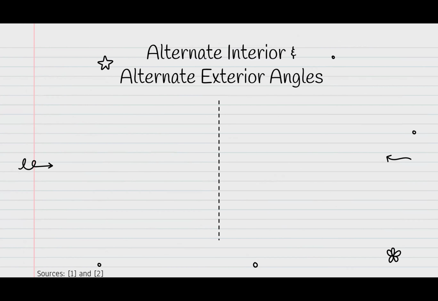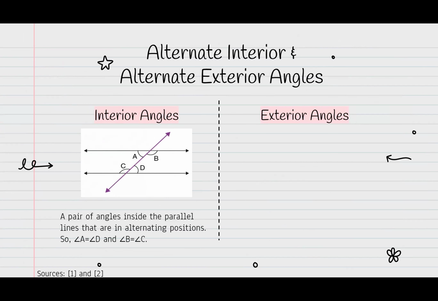So then we will also have alternate interior and alternate exterior angles. Alternate interior angles are a pair of angles inside a parallel line pair that has been intersected by a transversal that are in alternate positions from each other.